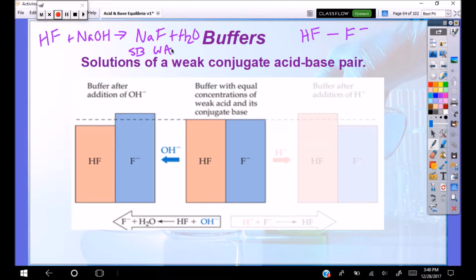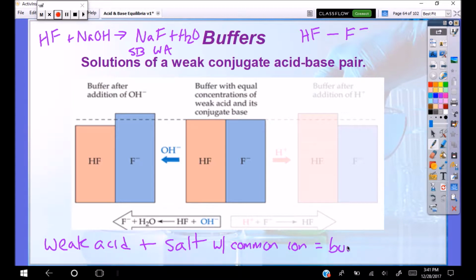If we're looking at a buffer, the way it gets its conjugate base pair in solution with the weak acid is by pulling from a salt. So if we mix our weak acid with a salt with the common ion, we will have our buffer.